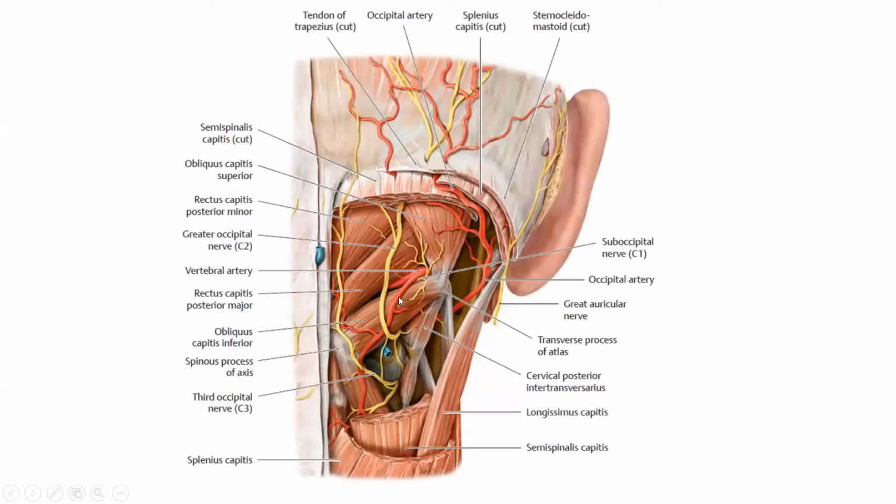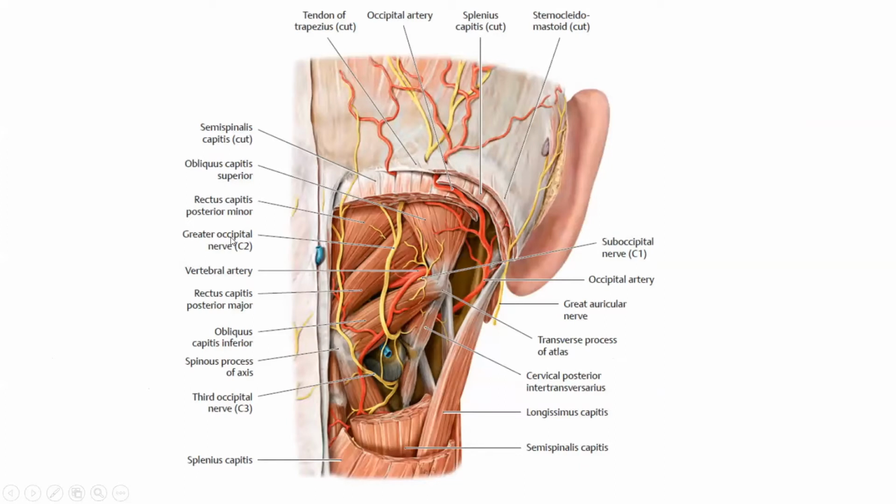Then the next exception, where the dorsal branch of the spinal nerve has a specific name, is the nerve which is called the greater occipital nerve. The greater occipital nerve is said to be a pure sensory or sensitive nerve. It means that it mainly doesn't have motor fiber.